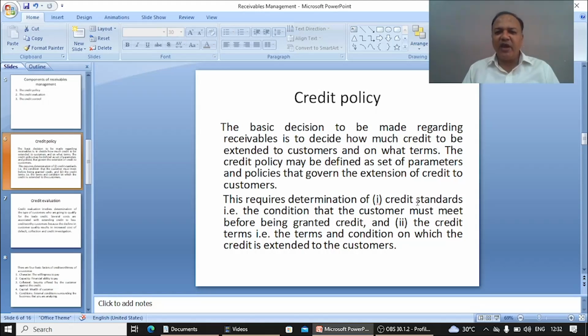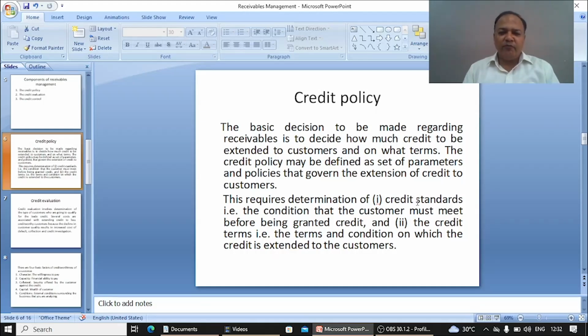It means whenever we have to give credit to our customer, first of all, we have to decide how much credit may be extended to the customer and what should be the terms and conditions on which we will recover the amount.